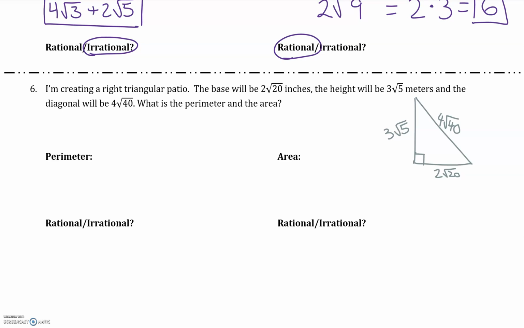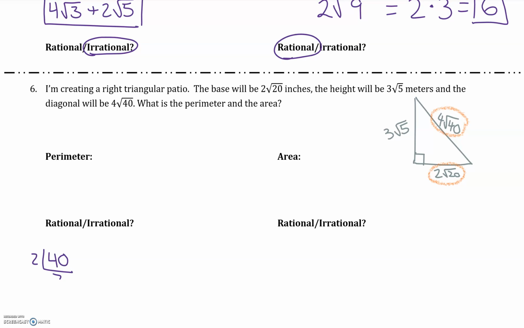Okay? Now, this one's a little bit trickier because you should be able to look at this and see that the diagonal and our base are not simplified. So what we need to do is simplify the diagonal and the base. So down under here, I'm going to break down the 40.